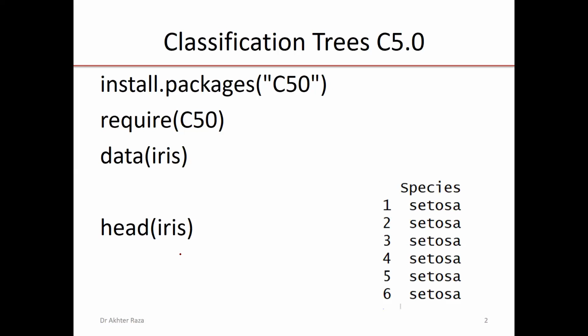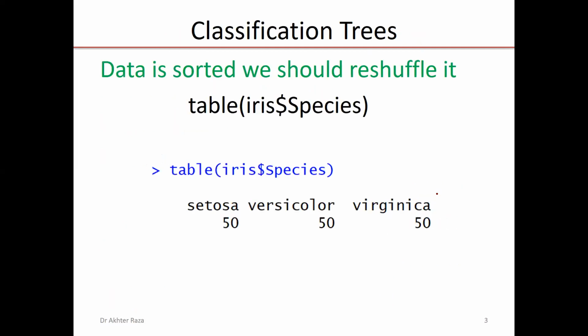Now, whenever we run the command head(iris), you can see that it has 1, 2, 3, 4, 5, 6 rows and column names. All the columns are not showing in this output. There are several columns in the data set.